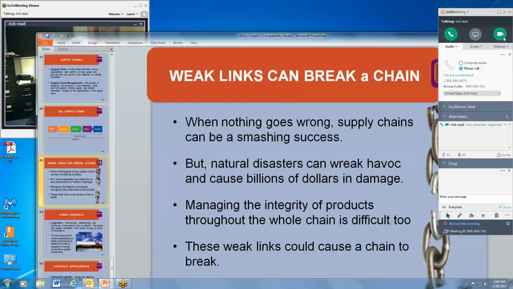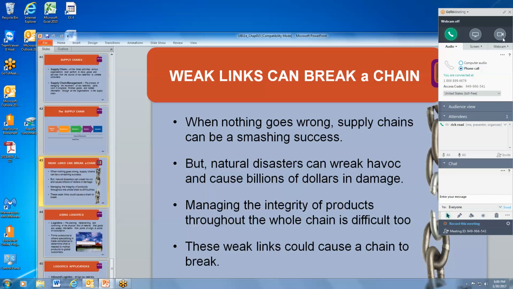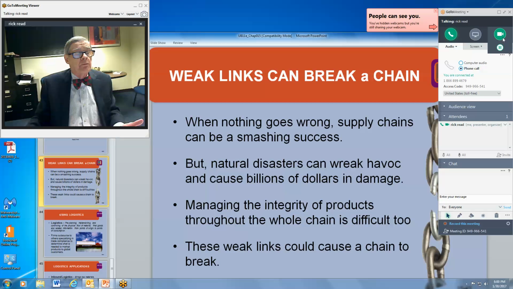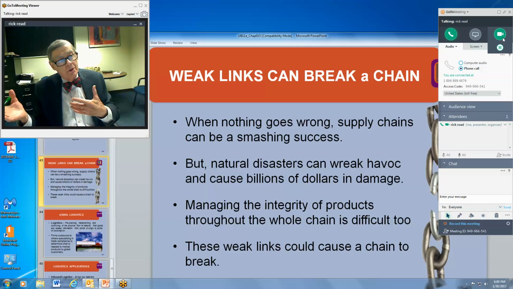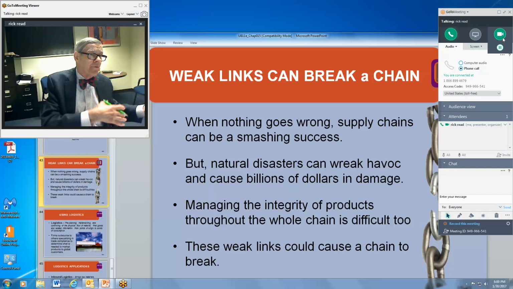Obviously, we have problems, and it says weak links can break the chain. That's something we have to be concerned about. Natural disasters. One of the big concerns about supply chains today is the change in weather patterns. As weather patterns change, we find that we're getting more storms, severer storms, more hot weather, more drought conditions, et cetera.